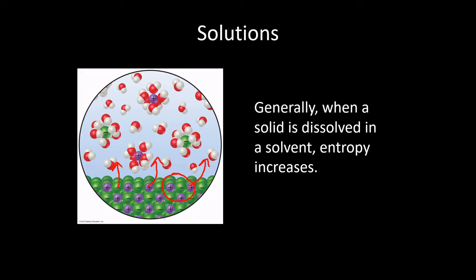However, that's not the only thing that's happening. If you notice here, the water that is not near an ion is just floating around doing its own thing. That has a higher entropy than the water directly around those ions. When something dissolves in water, what develops are called spheres of hydration. We're only showing one sphere of hydration here, but depending on the ion, you can have multiple spheres.